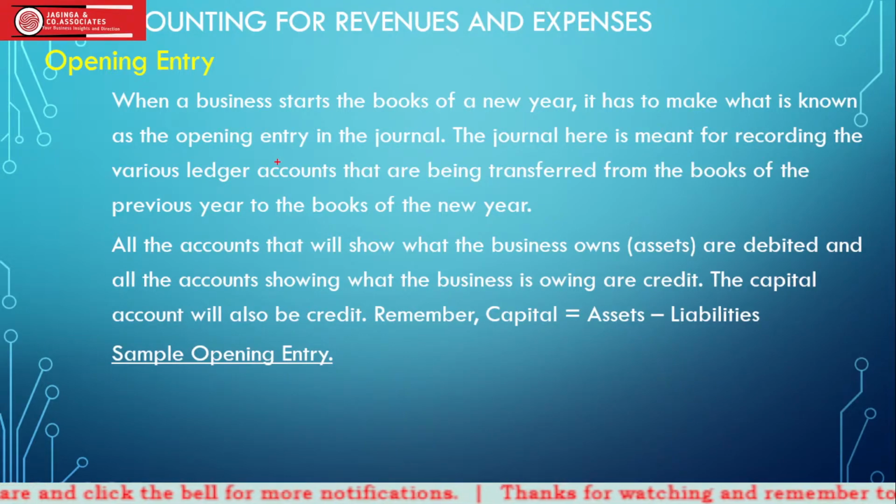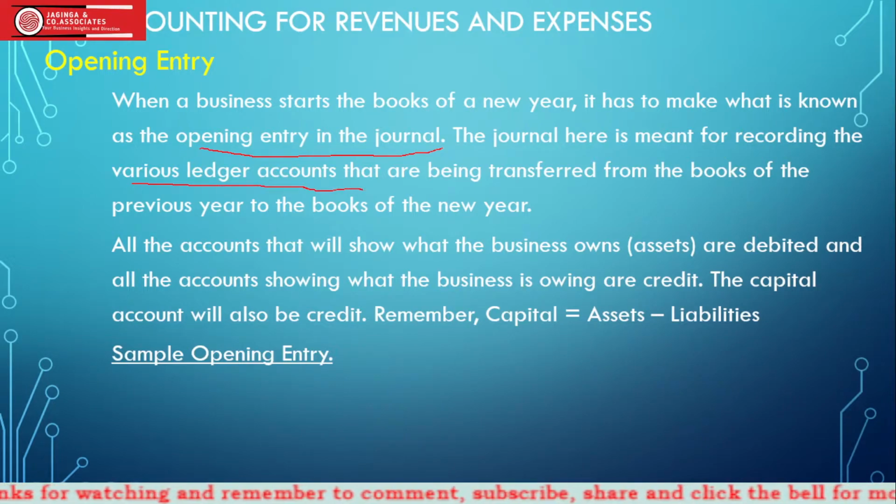So opening entry, simply put, we are just making entries of the previous year's balances as opening balances in the current year. So we are saying that the journal here is meant for recording the various ledger accounts that are being transferred from the books of the previous year to the books of the new year.